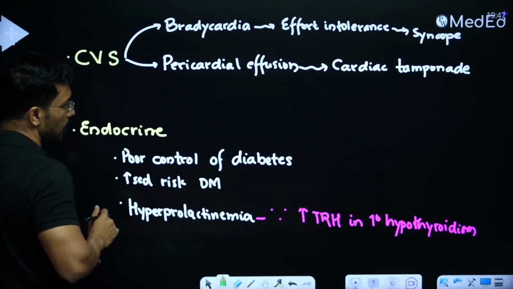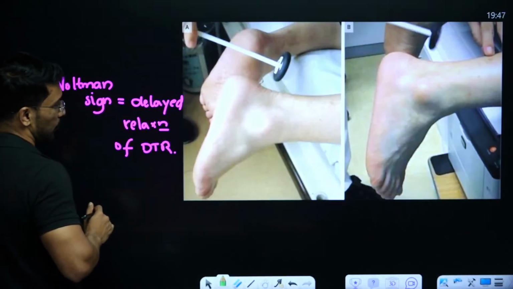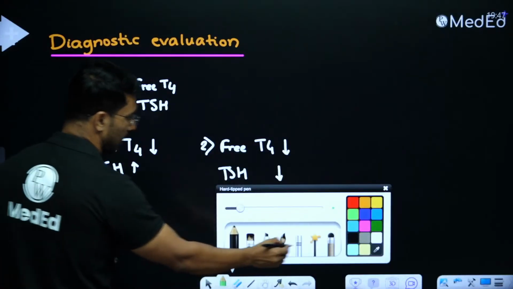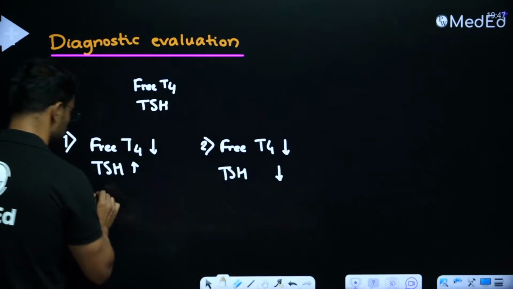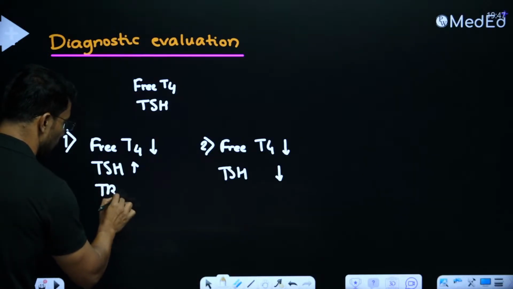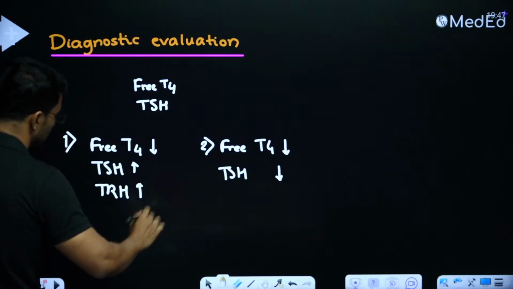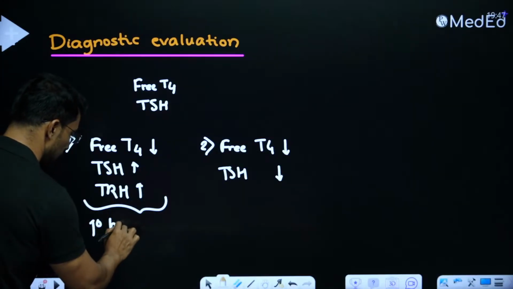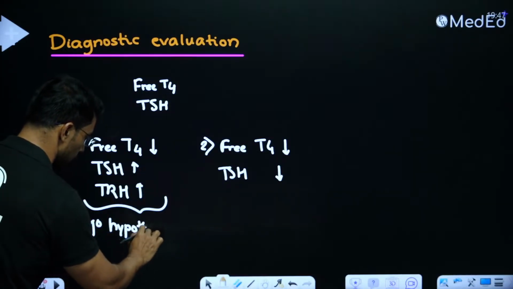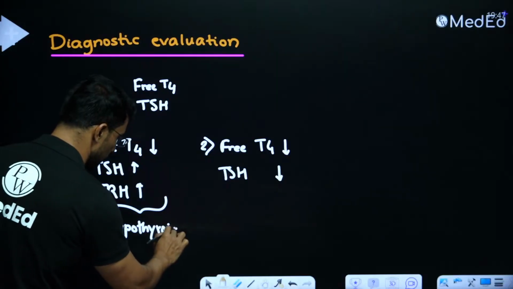So in that case we will call it primary hypothyroidism. The problem is in the thyroid gland itself. And let us say here TRH will also anyway be, if done, elevated. So this indicates primary hypothyroidism.